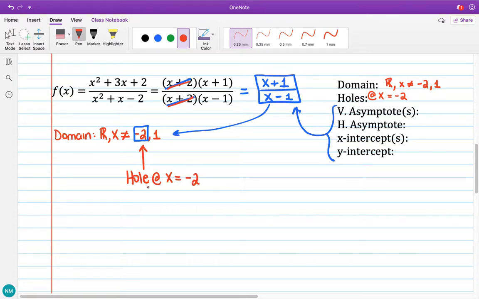Now, in order to find what the actual point is, where the hole is, I'm going to plug it into the function we are graphing.